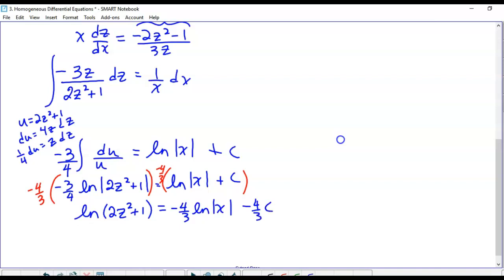All right, so now we can bring this to the left. It's going to be adding, so it will be a product of the arguments. 4/3, that will be x to the 4/3.